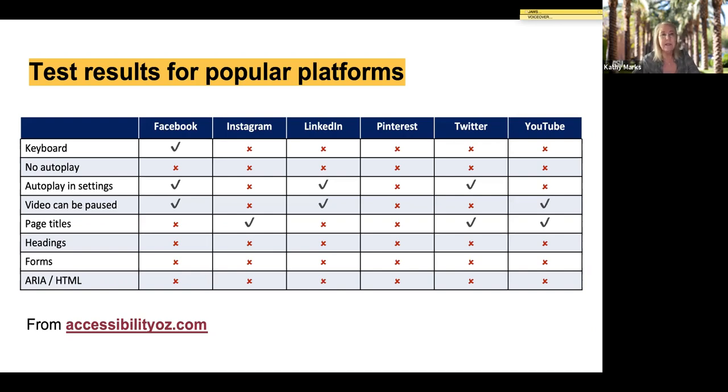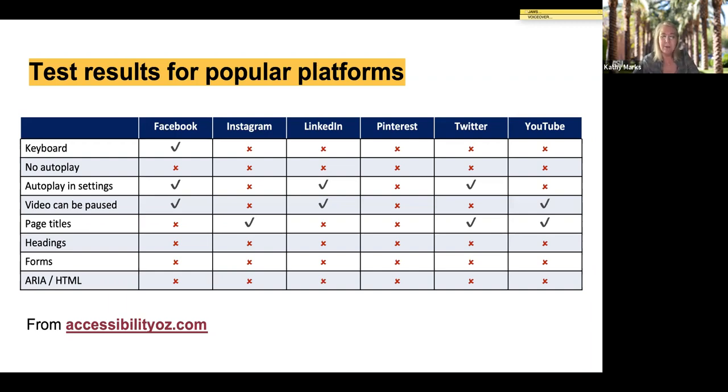Their test was a standard user journey of registering for an account, logging in, reading an item, and submitting an item. They tested keyboard only access, increased text size, using a screen reader, whether videos auto-played and had controls, and many more things. And they tested on Mac and Windows desktop operating systems and in iOS and Android.